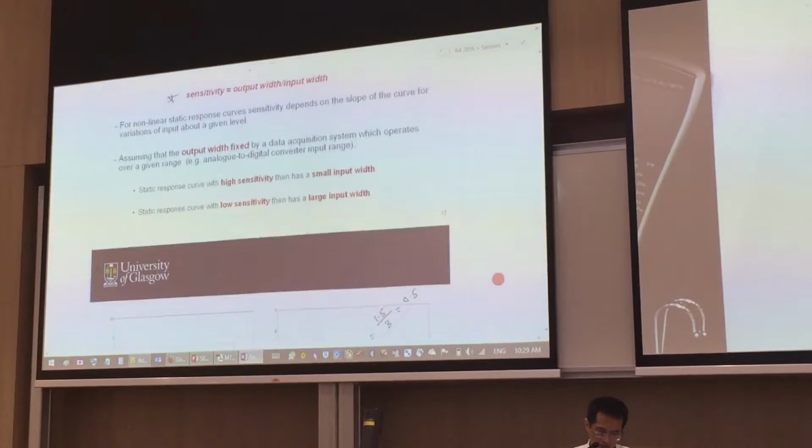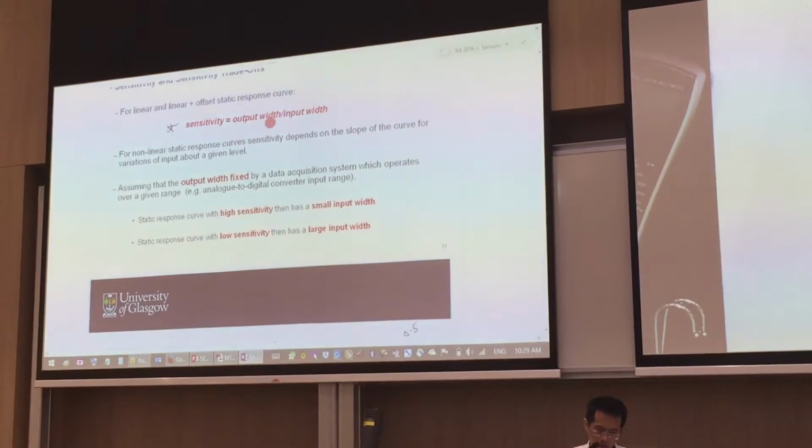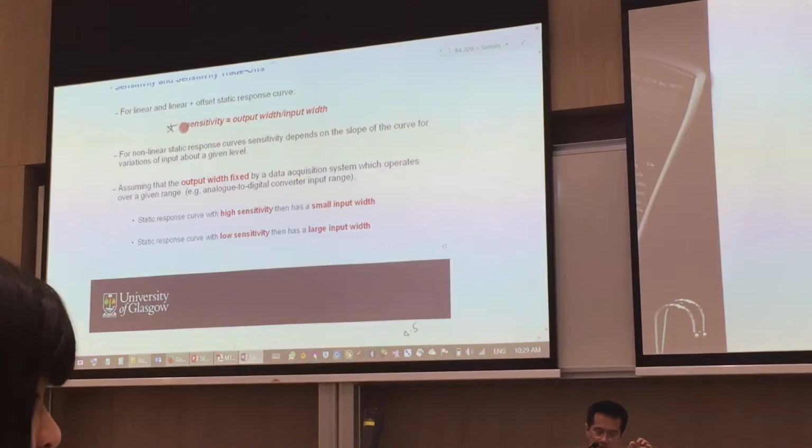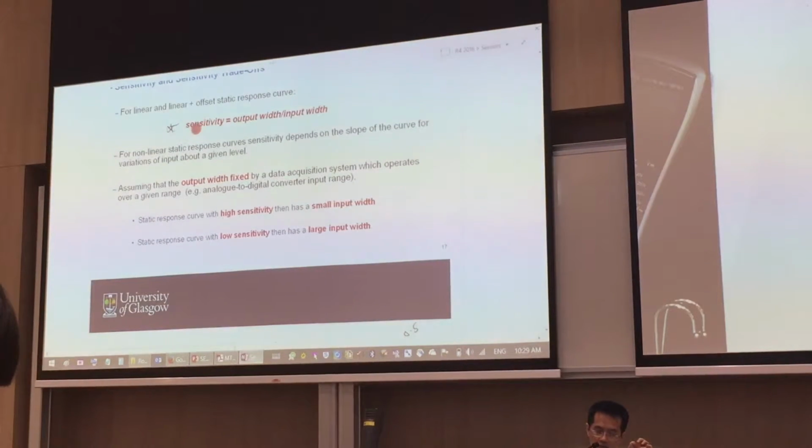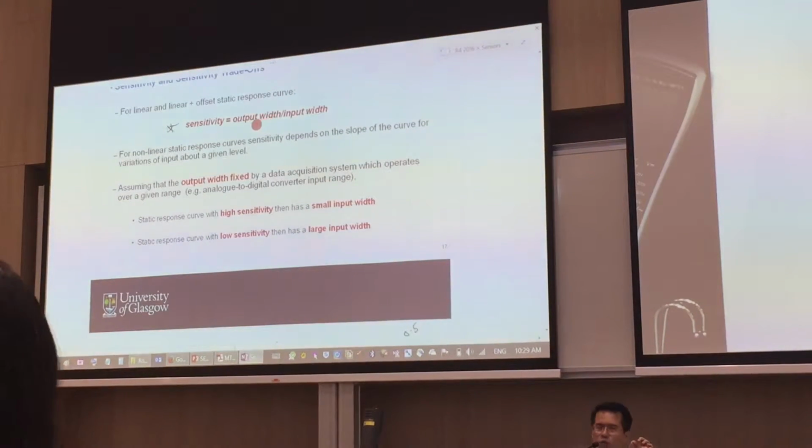Because we know that sensitivity is about output width divided by input width. So in order to be a very sensitive instrument, that means in order for sensitivity to be very high, which one has got to be a smaller value?